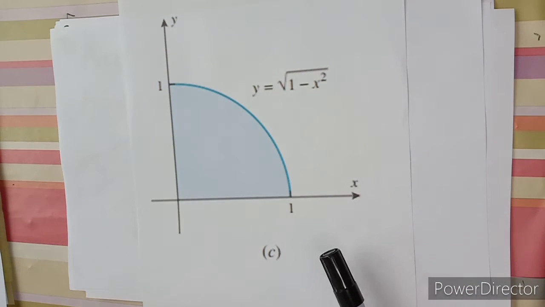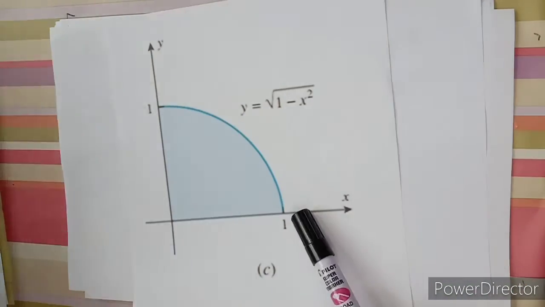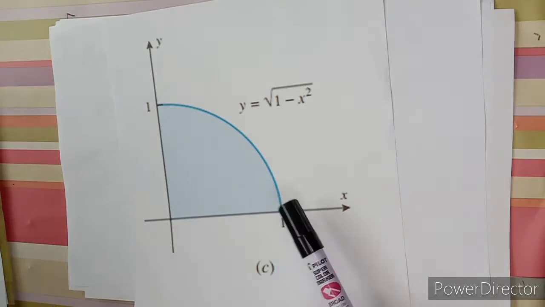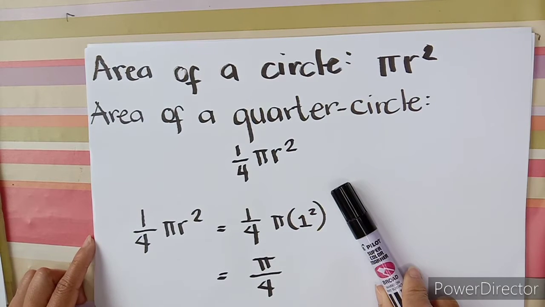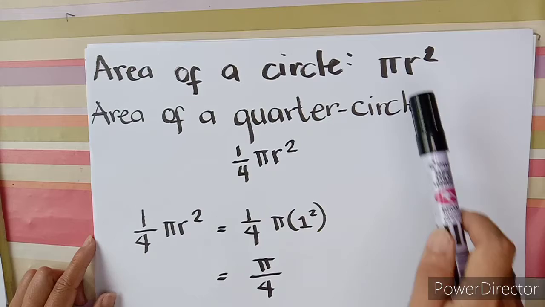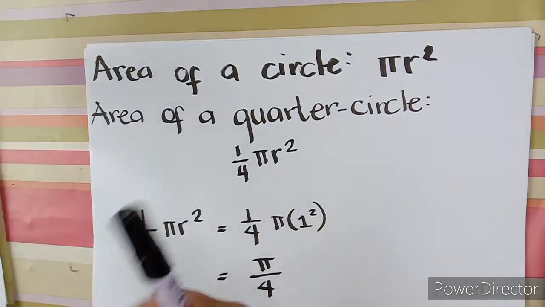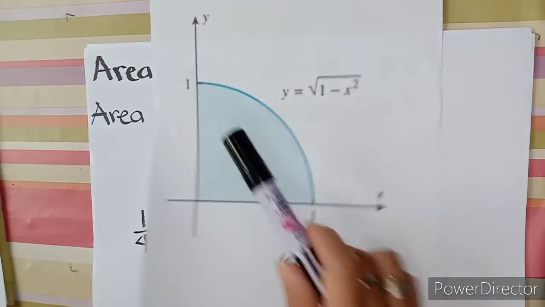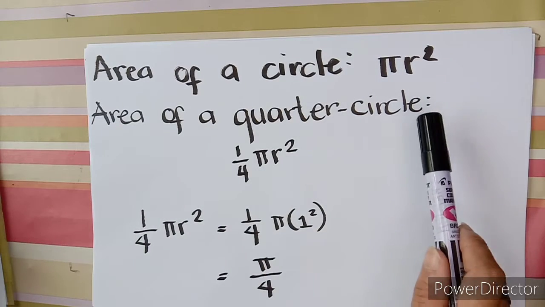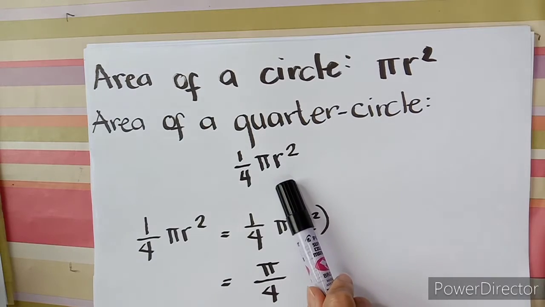So how can we get the area of this one? The appropriate formula from geometry for the area of a circle is pi r squared. Since our graph is only a quarter, the area of a quarter circle is 1/4 times pi times r squared.